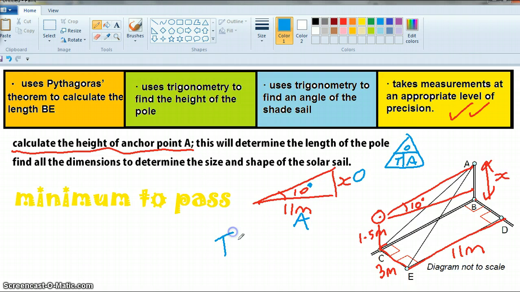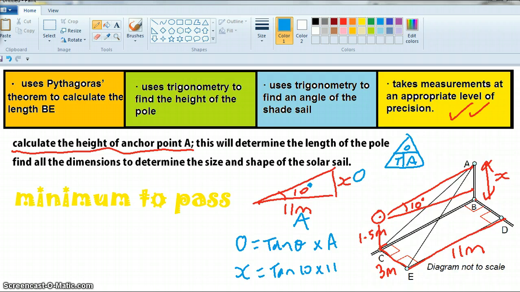So I know that tan theta equals, oh hang on, let's cover up the one we're trying to find, the O, so opposite equals tan theta times adjacent, so X equals tan 10 times 11.